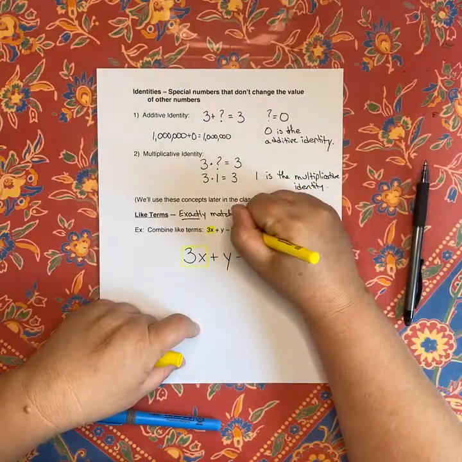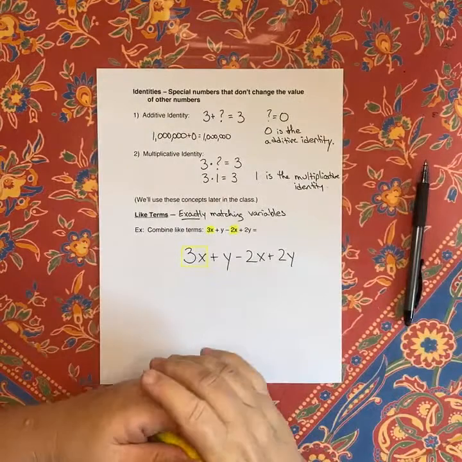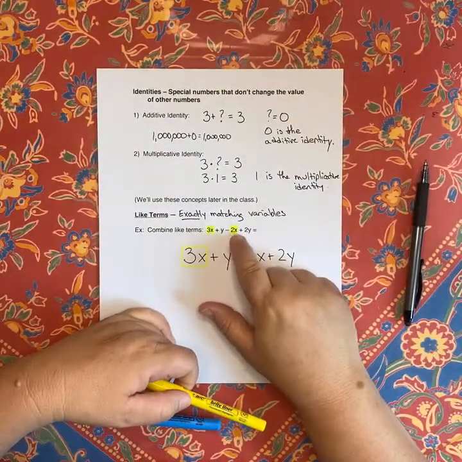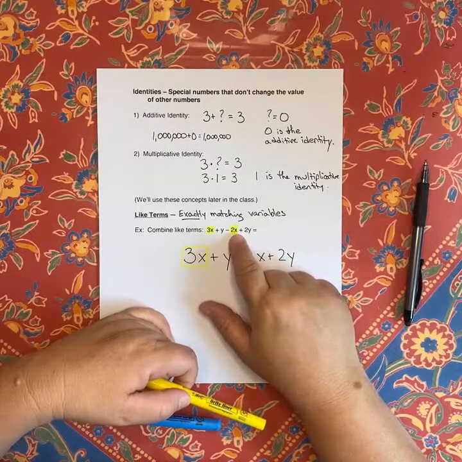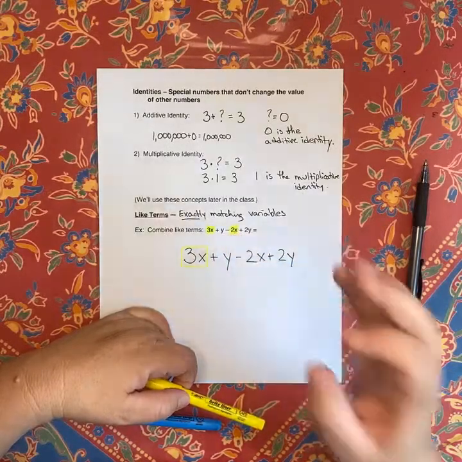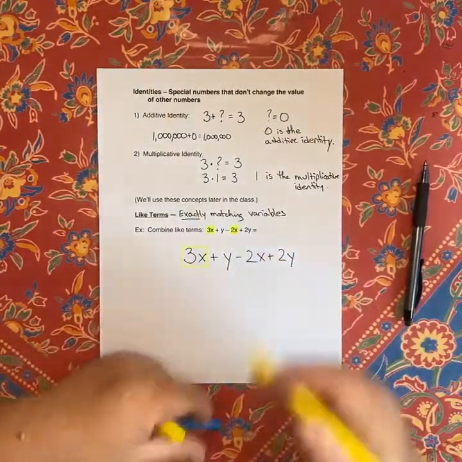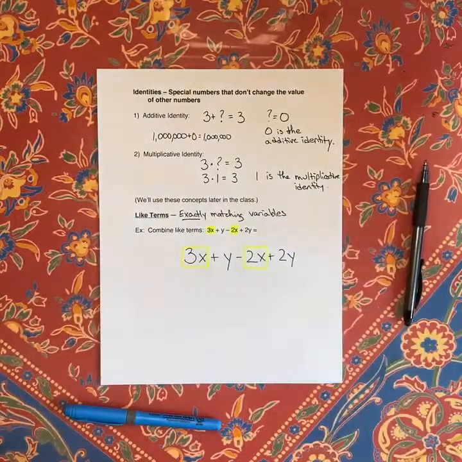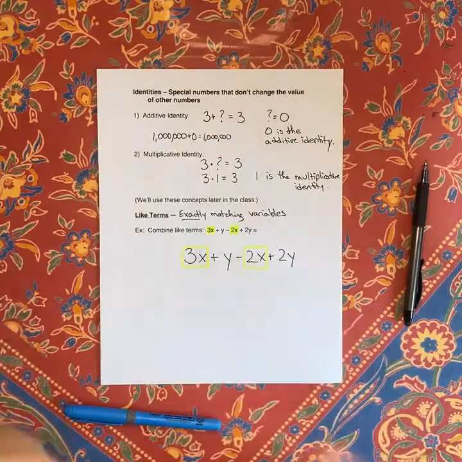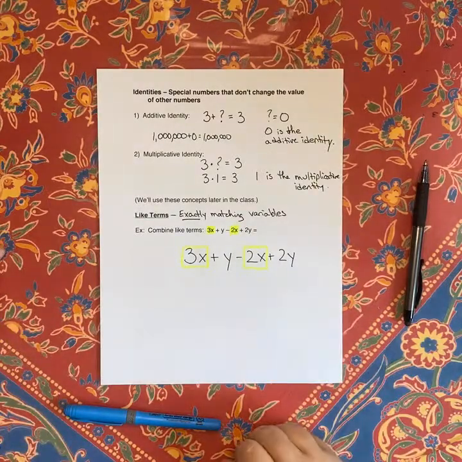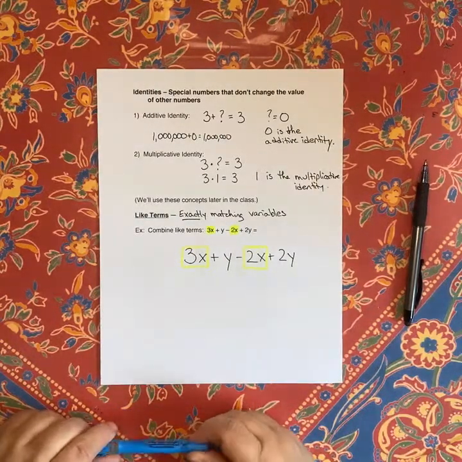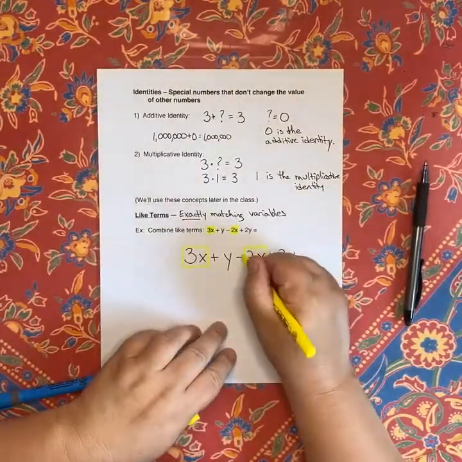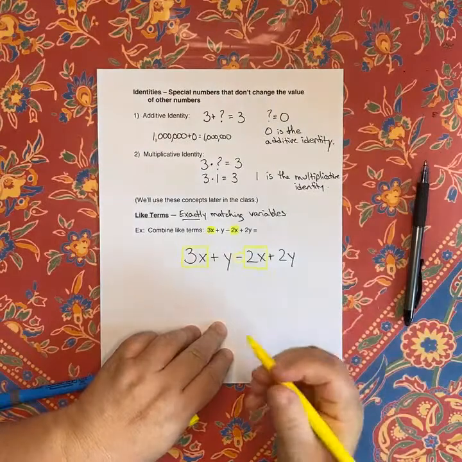Now, I'm just going to yellow out the x part, but that minus sign can be considered part of this term. So it could be negative 2x or it could be minus 2x. It's a subtle distinction. I'm just going to look at the terms without signs. Okay, you could look at it a different way. So those are my, I'm going to give this a little bit. There we go. I'm going to attach it.